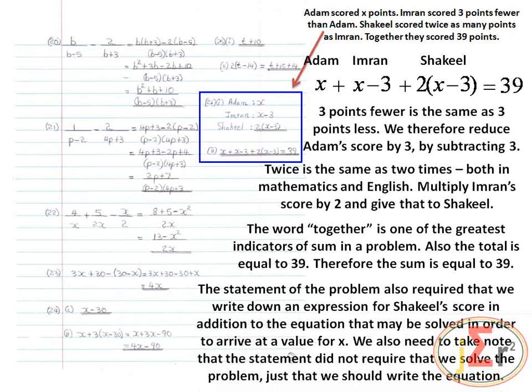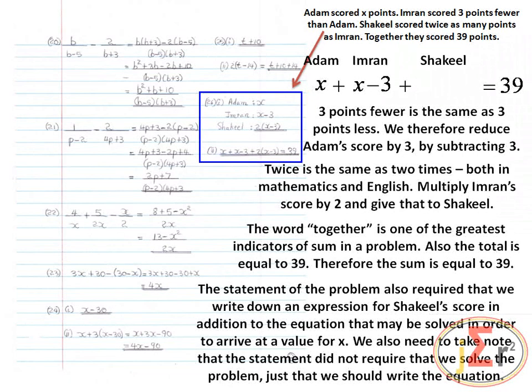The statement of the problem also required that we write down an expression for Shakil's score. So the expression for Shakil's score was a requirement of the problem, and we are highlighting it there.